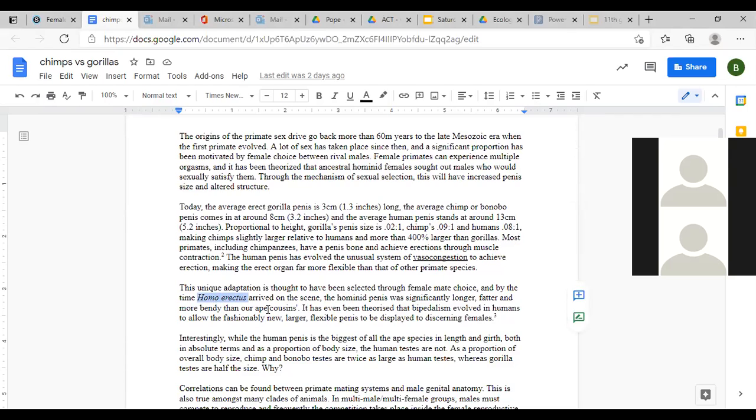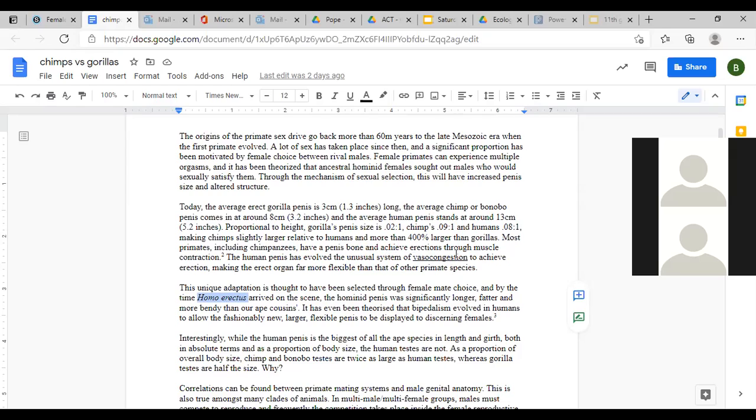Bipedal. Which paragraph and sentence? The second paragraph. Okay, second paragraph. Which sentence? I'm looking for bipedalism, I think, right?